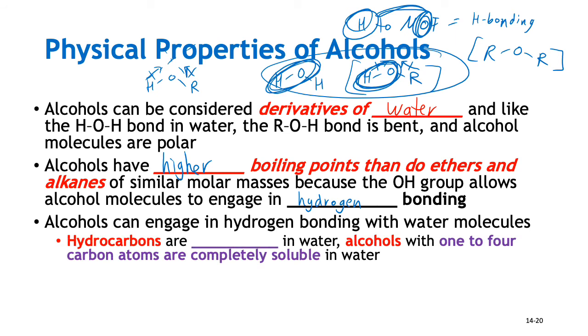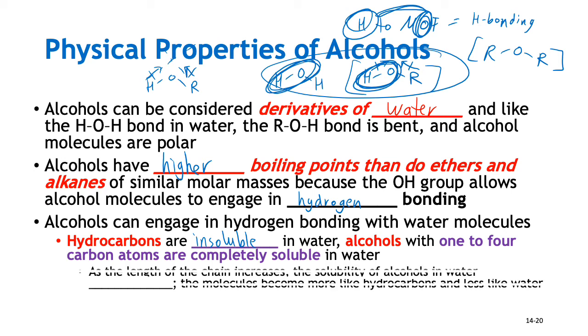By the way, hydrocarbons are insoluble in water. Alcohols with 1 to 4 carbon atoms are completely soluble in water. As the length of the chain increases, the solubility of alcohols in water decreases. The molecules become more and more hydrocarbon-like and less water-like.